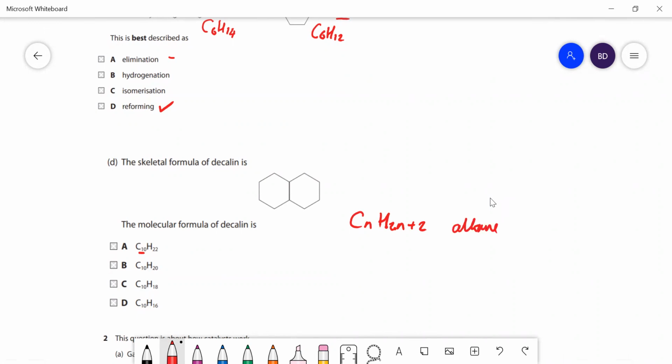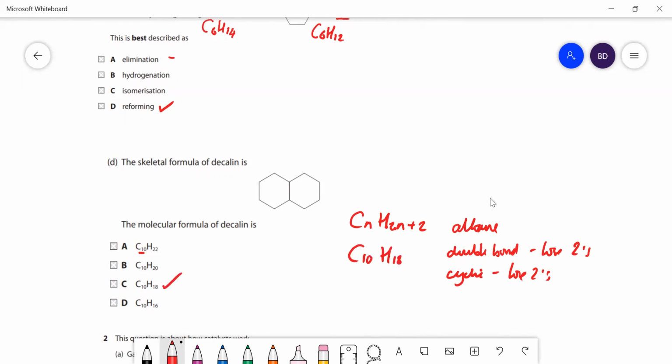Now, every time you have a double bond, you lose 2 H's, so the corresponding alkene would be CnH2n. Every time you have a cyclic structure, you lose 2 hydrogens. You've actually got 2 cyclic structures there, so you'd lose 4, so it would be C10H18, not 22, this one here.